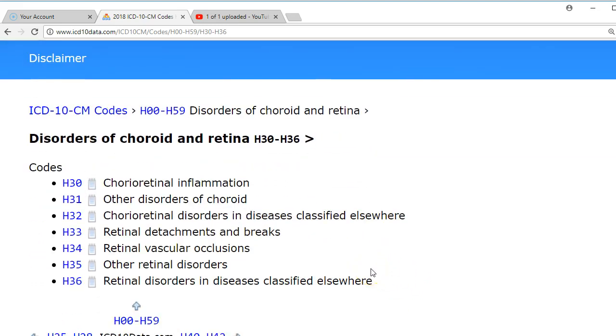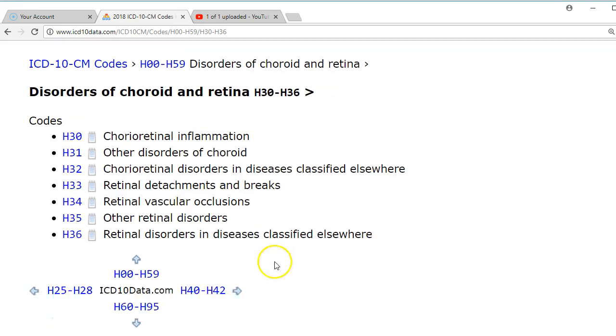Same thing with the retinal disorders. So we have the chorioretinal inflammations, other chorioretinal disorders, retinal detachments and breaks, retinal vascular occlusions. So again, what part of the eye? Always remember, what part of the eye are we in? Are we in the cornea? Are we in the iris? Are we in the retina? Where are we when they're describing these problems?